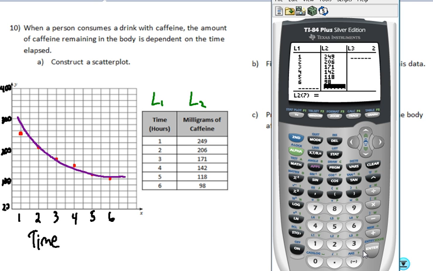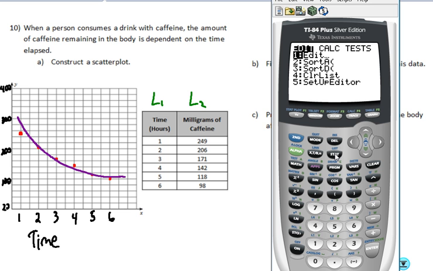Now what we want the calculator to do is come up with an equation that describes what's happening here. And by the way, if we want to verify and take another look at our curve, we can also look at the graph.